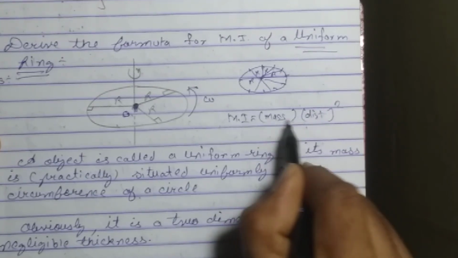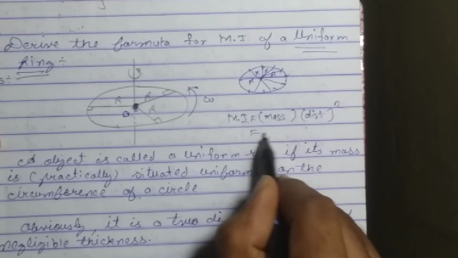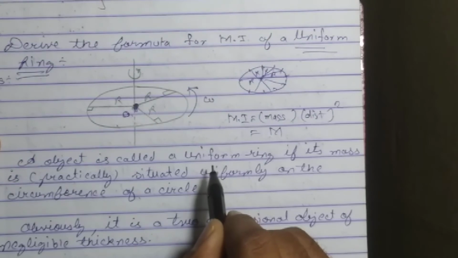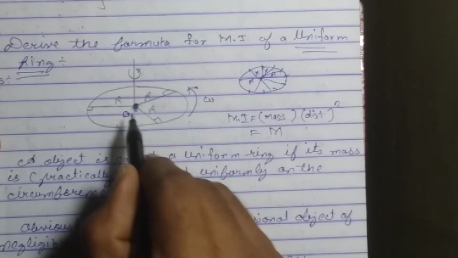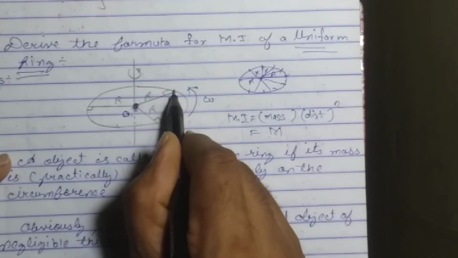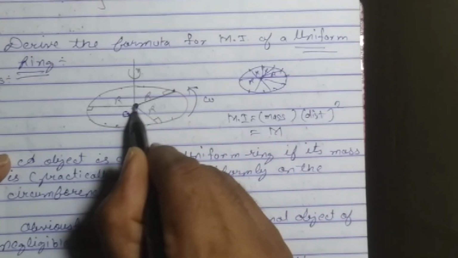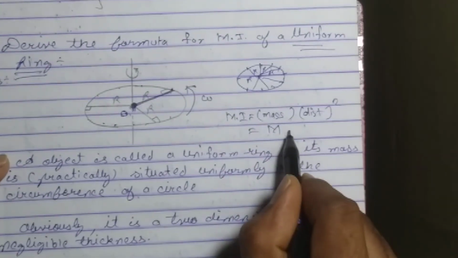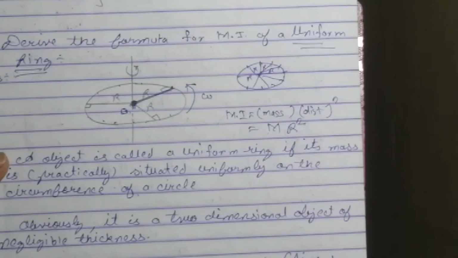What does the mass mean here? The entire mass of the ring is concentrated. Let us say the mass of the ring is M. And we know the distance of those particles from the axis of rotation is R. So the distance square is R square.